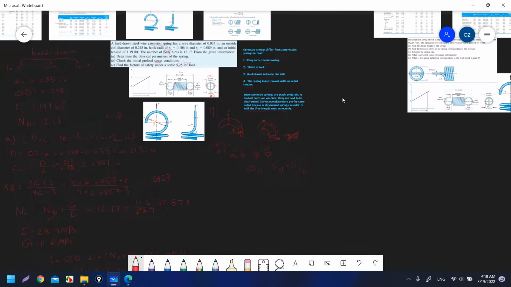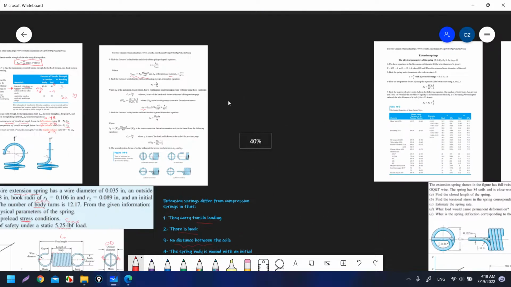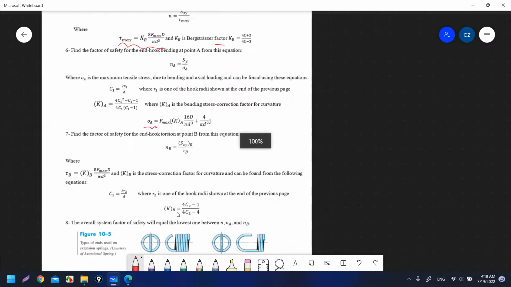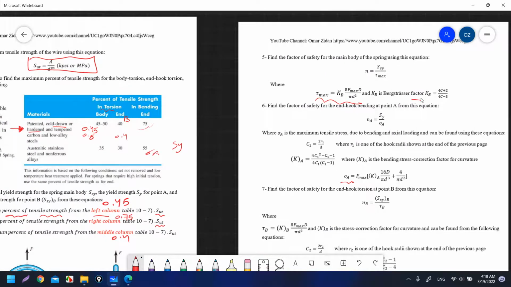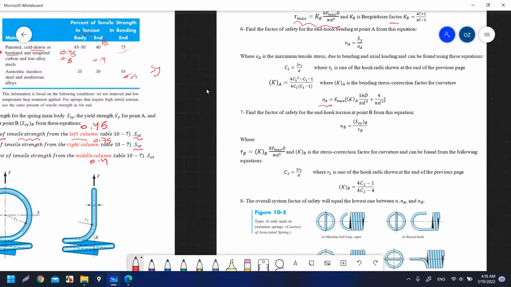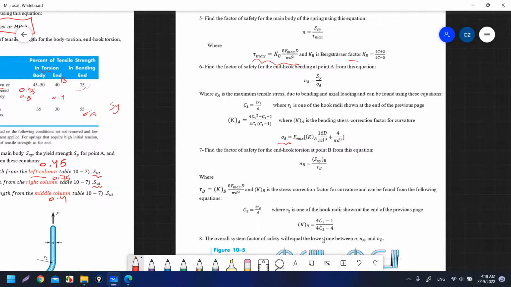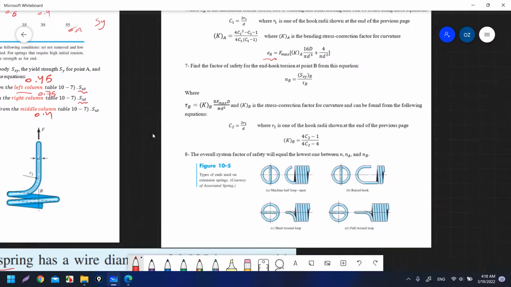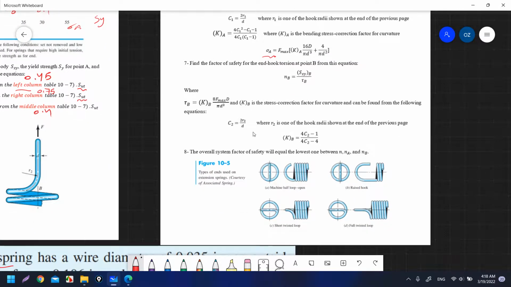K at point B is equal to 4C2 minus 1 over 4C2 minus 4. The previous KB is 4C plus 2, and it has 2 and 3, and this one has 1 and 4. And C2 is 2R2 over D.